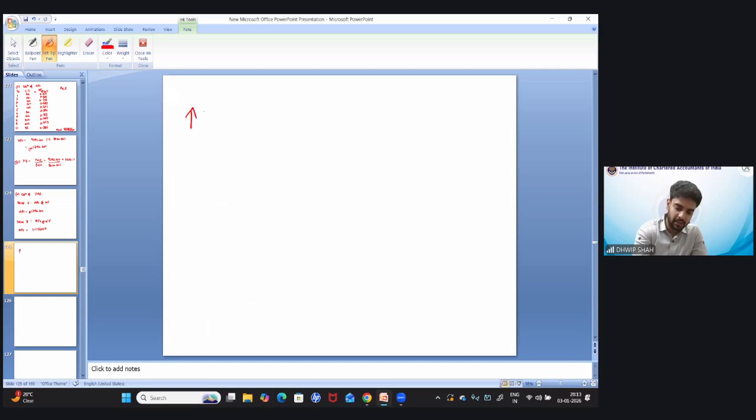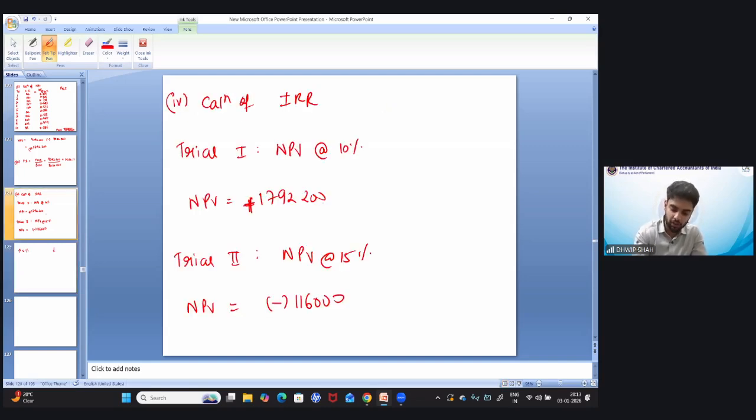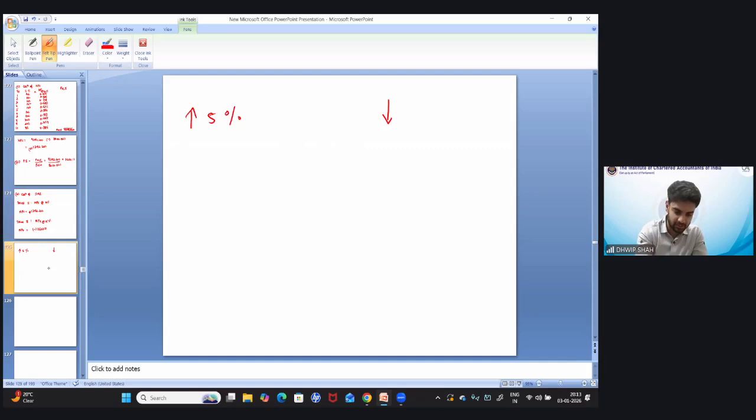So by increasing our discounting rate from 10 to 15%, that means taking a gap of 5% increase, how much did my NPV fall? It fell from 17, 92, 200 to negative 116.